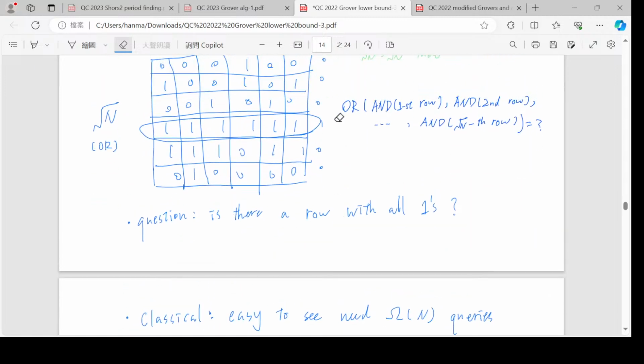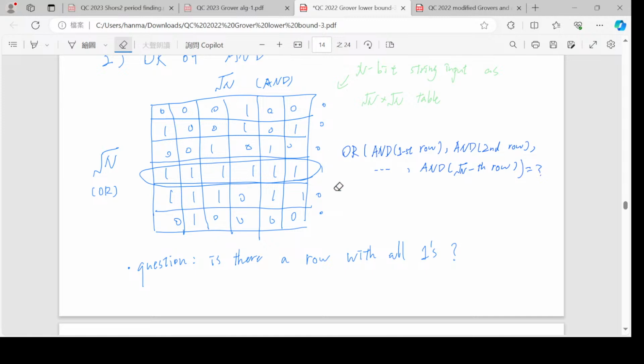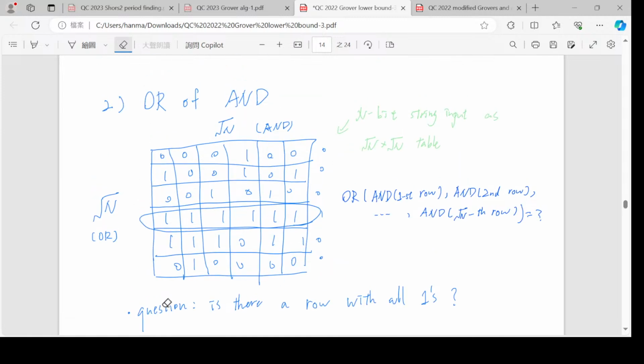What this function does is ask: does this block contain a row that has all ones? For example, this is a yes instance because you have a row that's all ones here, and you will get a 1 here, so when you OR through all those numbers, it's 1.